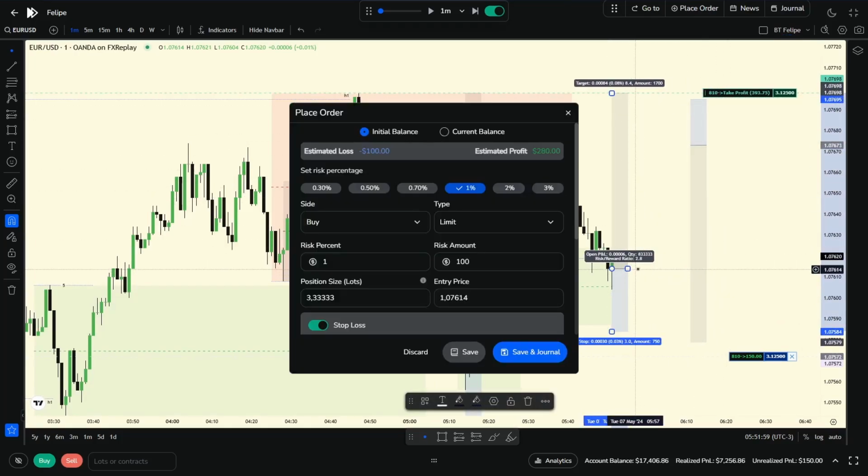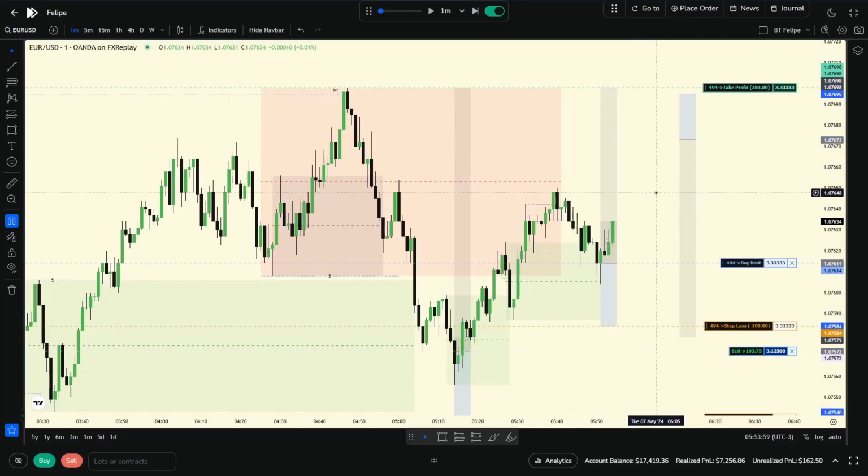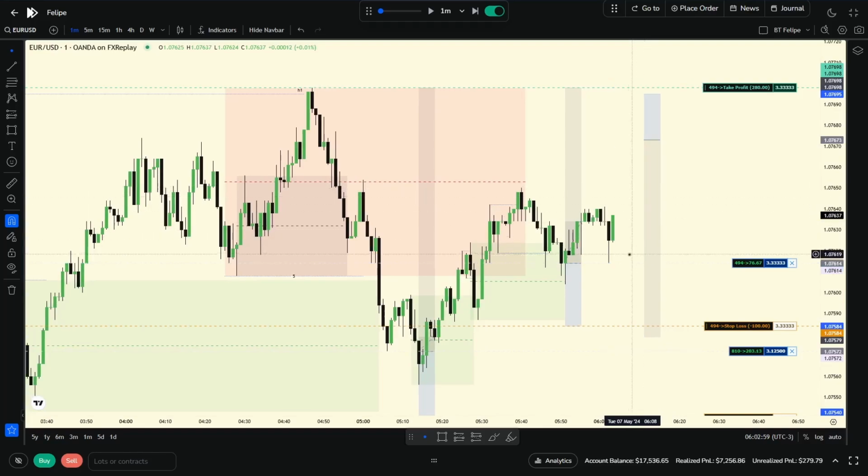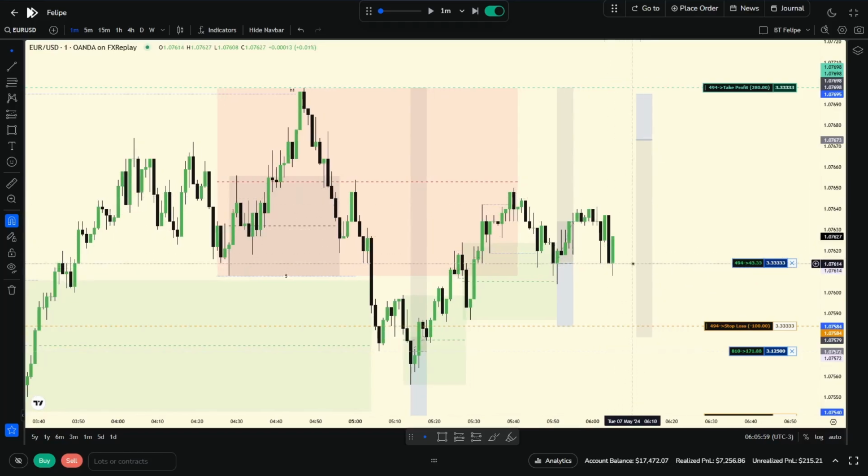Mm, 2.8. Let's try this one. Oh shit. Came to the... Okay, came again.